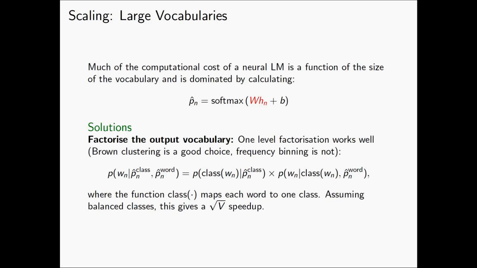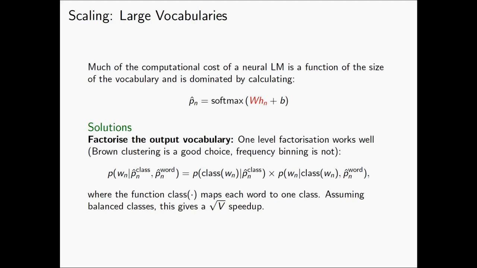Now, instead of just predicting the word from the full vocabulary, we're first going to predict which class it's in, and then given the class we've predicted, we're going to predict which one of the words in that class it is. So now we're going to have two softmaxes. But if you think about them, each one's going to be smaller. Rather than a softmax over 1,000,000 words, we have one softmax over 1,000 classes and another softmax over 1,000 words in that class. This is a two-level factorization, and it's very effective.